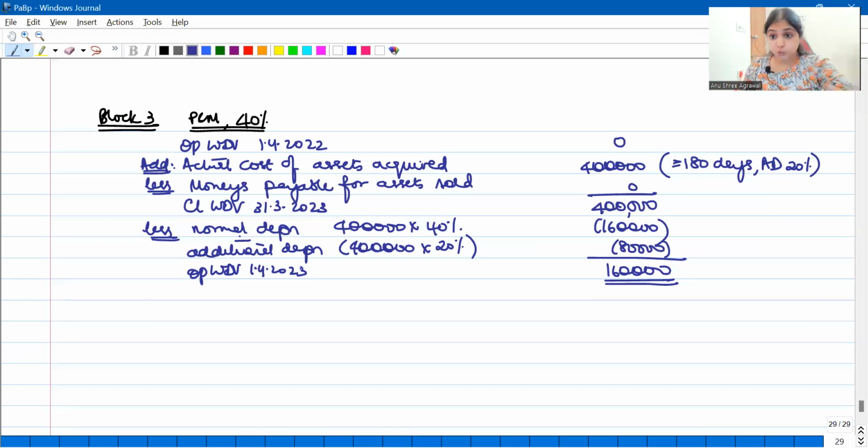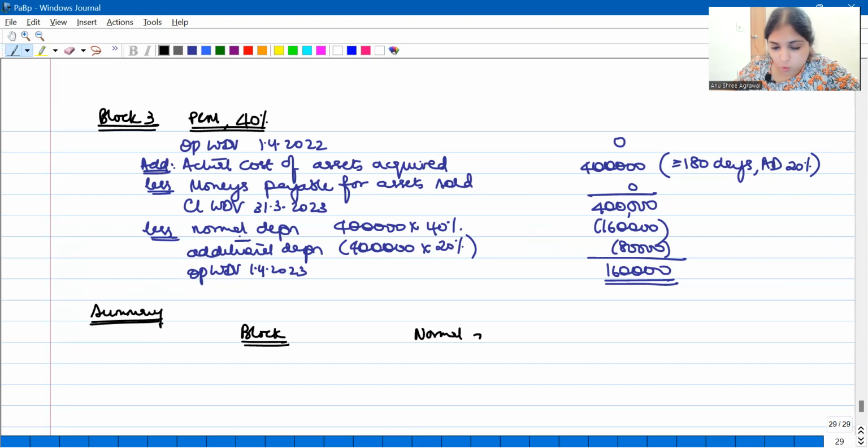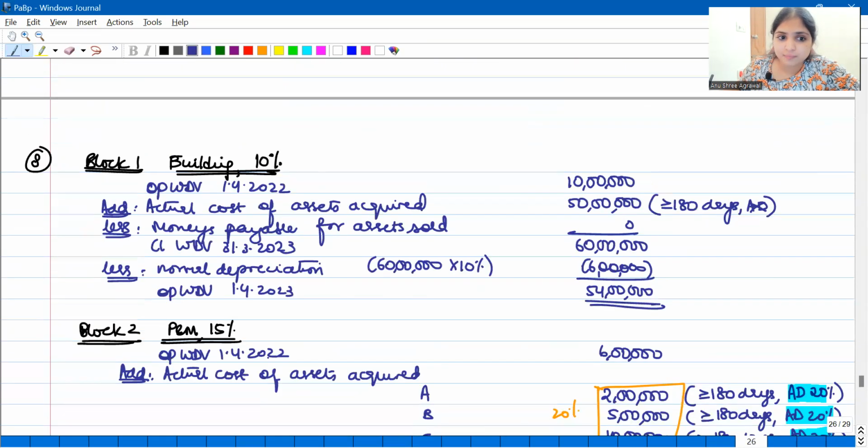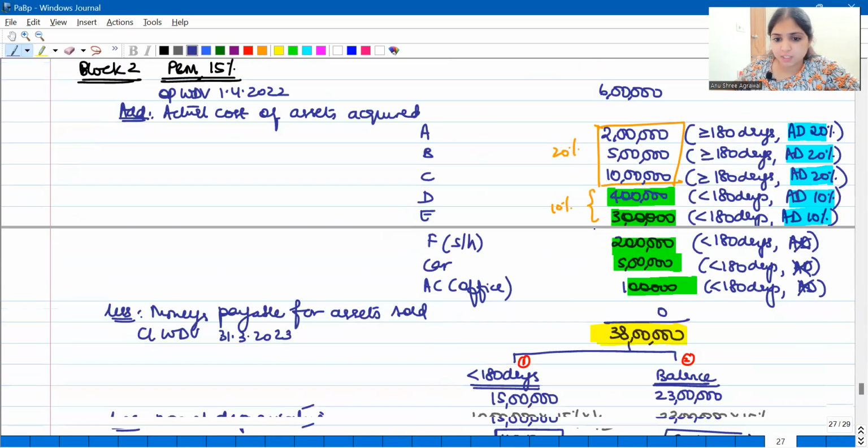So they've asked us for total depreciation, so we have to give a summary as well. Under summary, make a 3-columnar table: block, normal depreciation, additional depreciation. So block 1, your building block, guys, you only have normal depreciation of 6 lakhs.